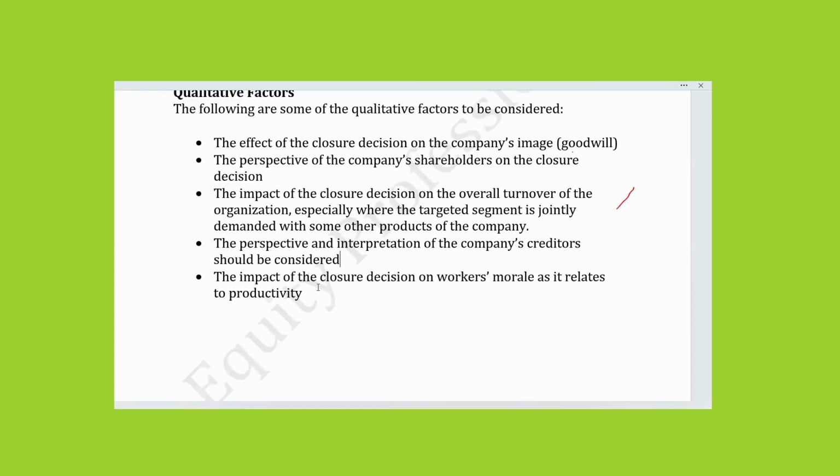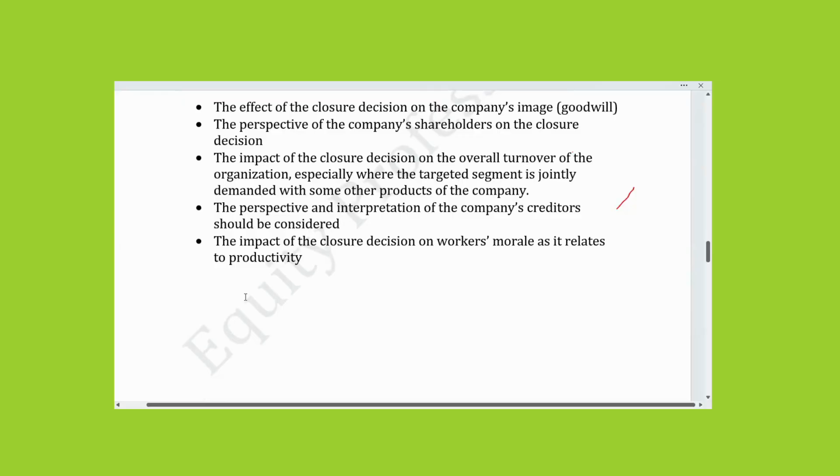Not only that, another factor you need to put into consideration is how would the company manage the negativity that may arise from the closure decision? Okay, how would the company manage the negativity that may arise from the closure decision in relation to the workers' union, all right, and the compensation in relation to the workers?